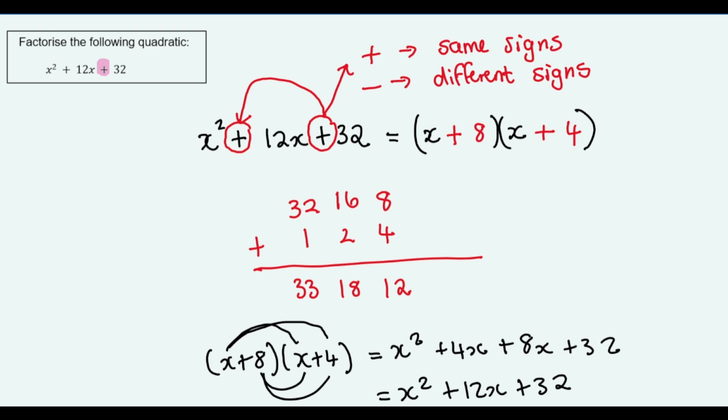Okay, let's try another one where there's two pluses, and I'll show the other signs later on. Okay, so we have x squared plus 14x plus 45. I write my two brackets, x and x. Let's start with the signs right away.